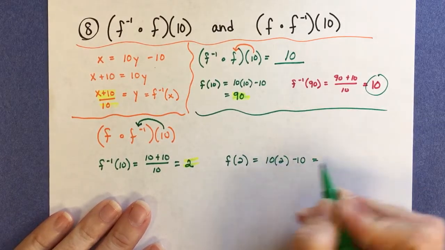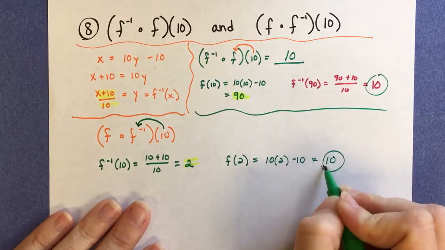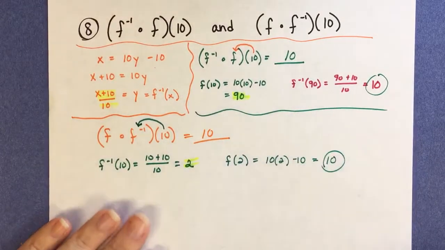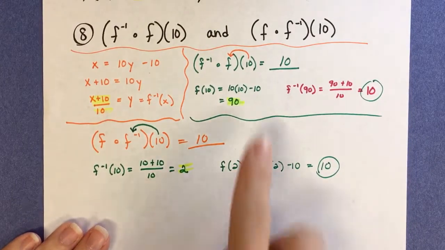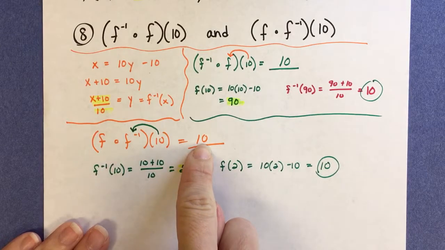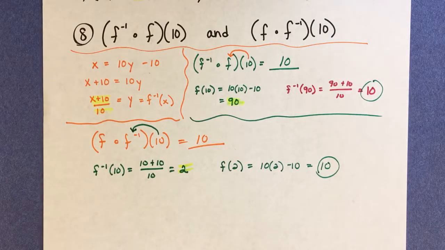So that's 20 minus 10, which is 10. Okay, so just like I had pointed out to you a while ago, think about the fact that we started with a 10, we ended with a 10. That's what's going to happen whenever you have a function and its inverse, and you're using those two things to do the composition. That's what you can expect to happen.